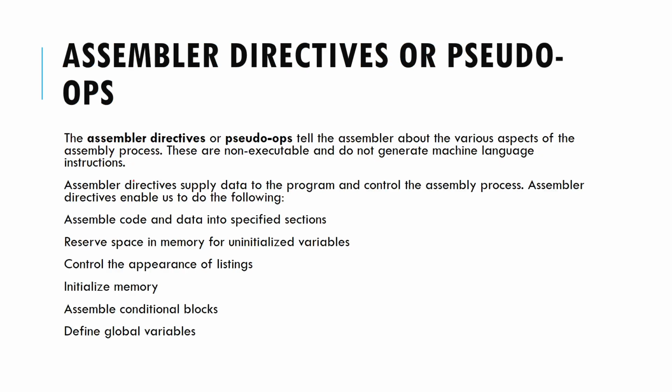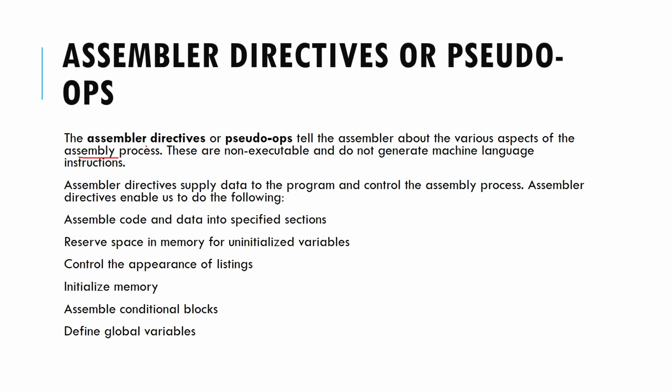Moving to the next statement, which is assembler directives. From an exam point of view, this is a very important question. Assembler directives or pseudo ops tell the assembler about the various aspects of the assembly process.